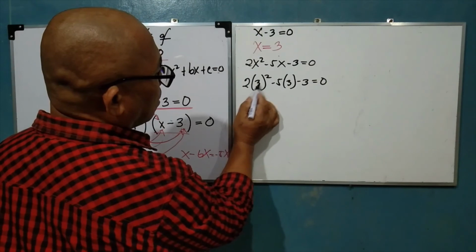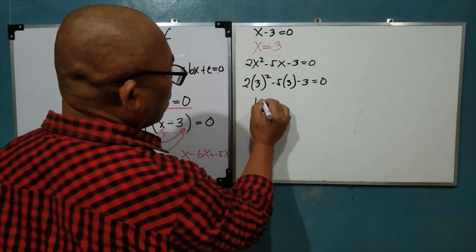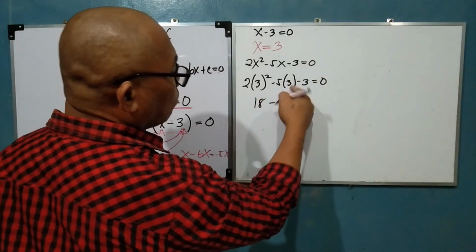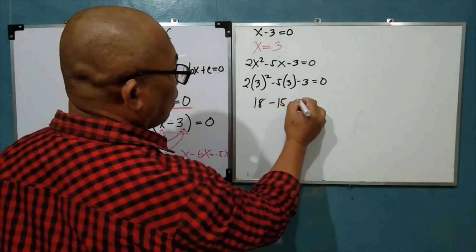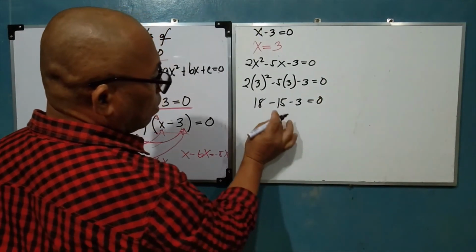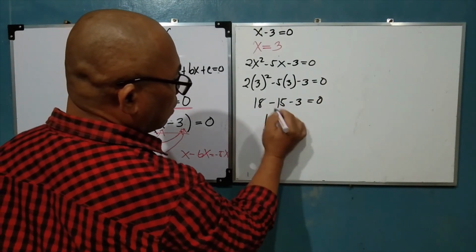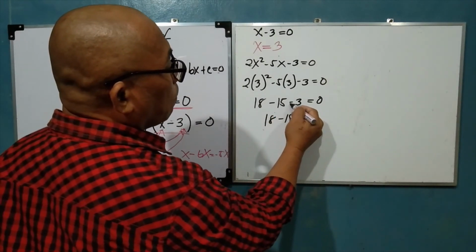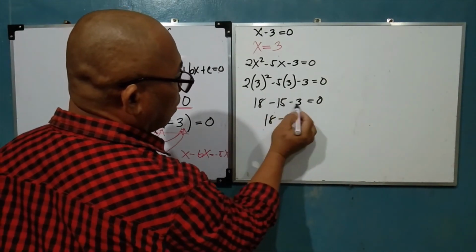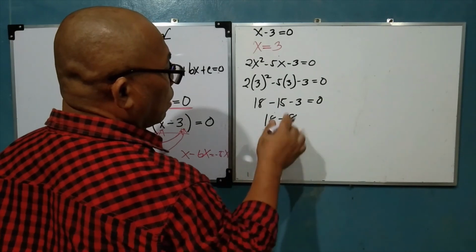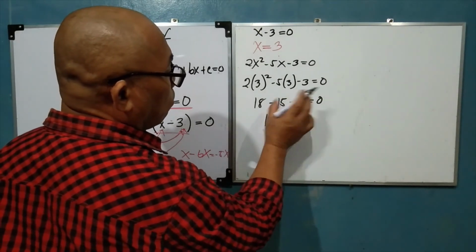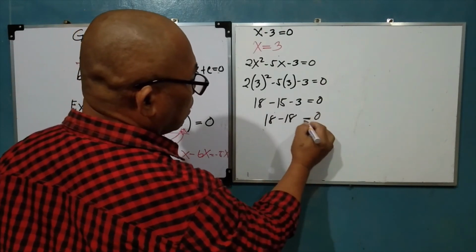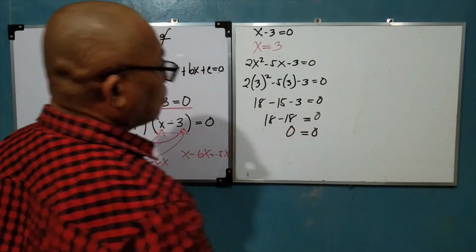This is 3 squared, 9 times 2, that's 18, minus 5 times 3, that's 15, minus 3. So you have 18 minus 15 minus 3, that is 18 minus 18, because negative 15 plus negative 3 have the same algebraic sign, so you combine them and use their common sign, negative 18. So 0 equals 0.